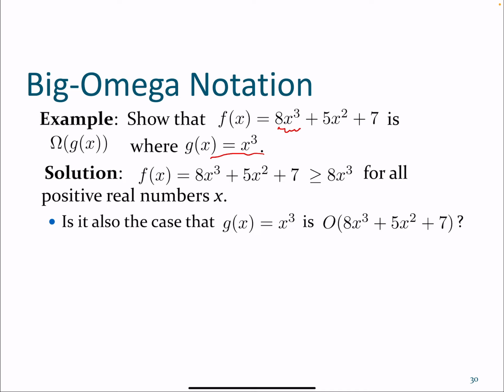It is very easy to understand, because no matter what value is given to x, the remaining part is always greater than 0, so f(x) is always greater than 8 times x cubed. So we prove the big omega. Very easy. You can also use the definition to prove that x squared is big O of f(x).